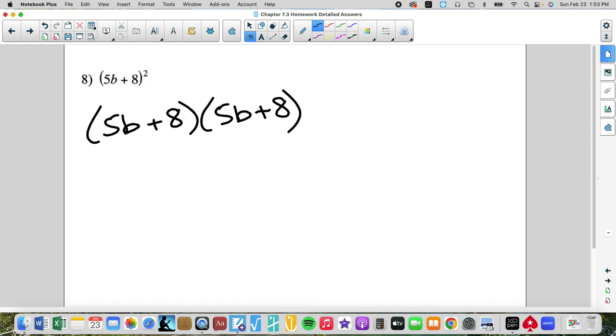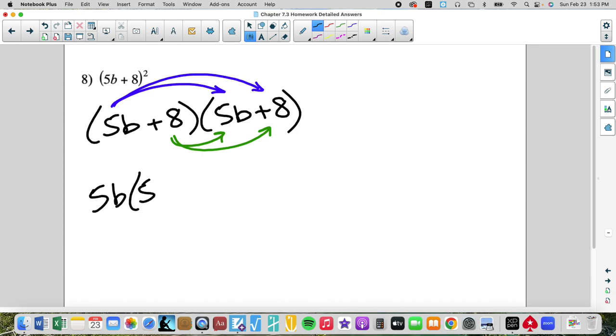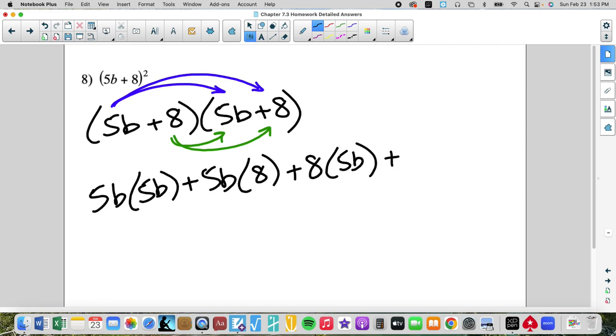So it's still 5b times 5b and 5b times 8 and 8 times 5b and 8 times 8. Nothing changes just because the coefficient is there. That's 5b times 5b plus 5b times 8 plus 8 times 5b plus 8 times 8.